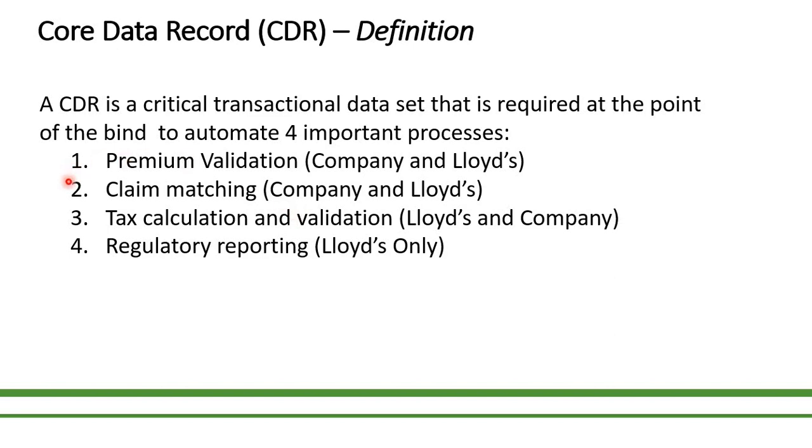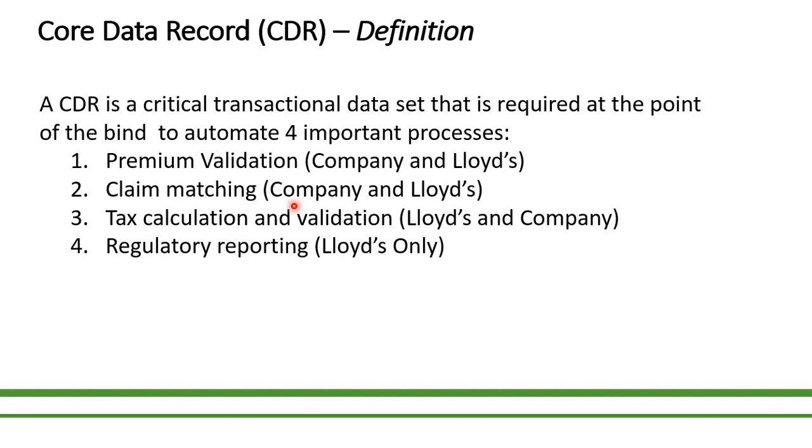So that is about the premium validation. Now, when we talk about claims matching, the CDR will help to match the first notice of loss to the relevant policy in IPOS and ICOS systems. And that will happen automatically. This will help to identify the claims agreement party upfront, which is an important step.